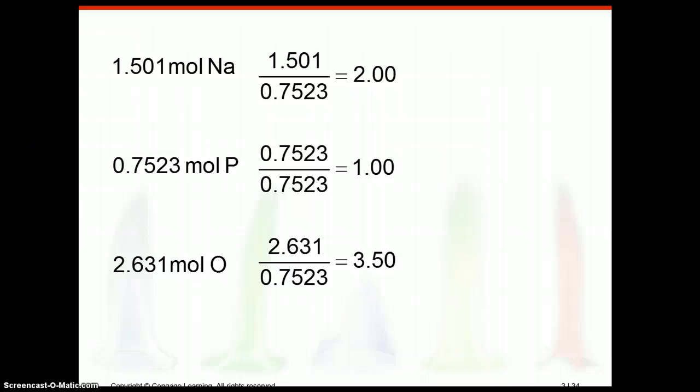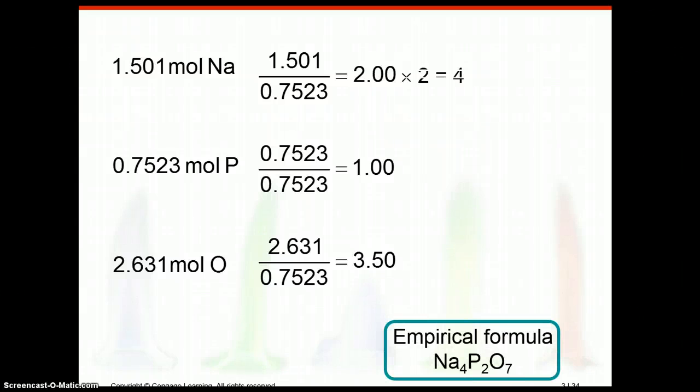As you see, you get almost exactly 2 for sodium, 1 for phosphorus, and 3.5 for oxygen. You can't round that 3.5, so I have to get rid of it. I multiply by 2 to get rid of the half. You would multiply by a 4 for a 0.25 or 0.75 ending, and by 3 if you have a 0.33 or 0.67 ending.